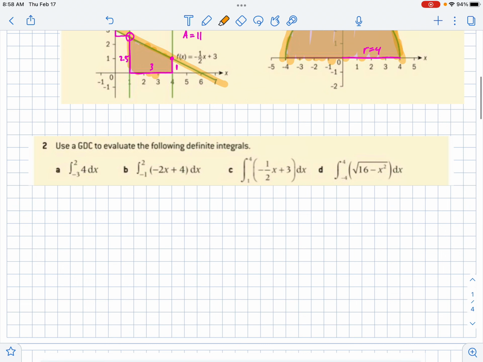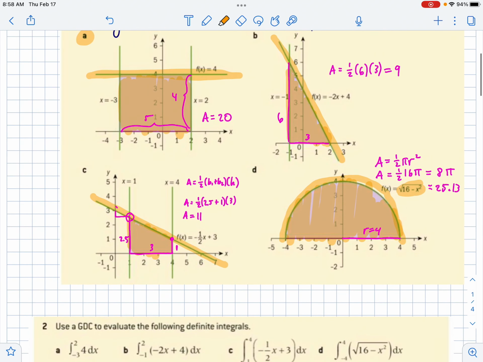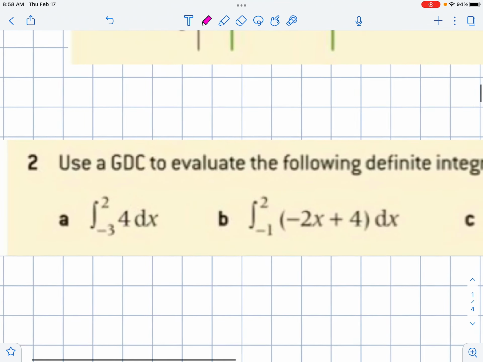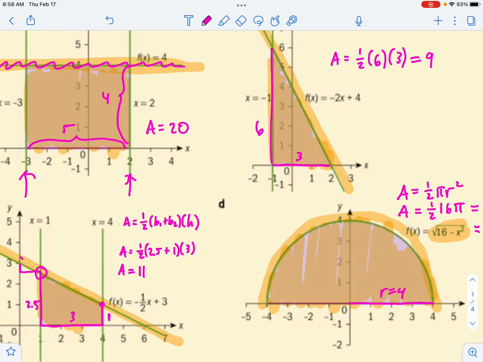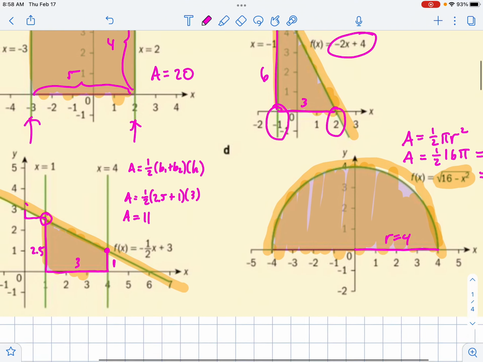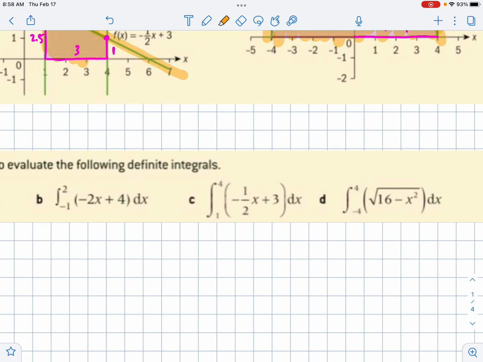Well, that's this part. Notice on this first problem the start and stop points: we start at negative 3 and go to 2, and it's underneath this line, which is 4. If we zoom in here, this goes from negative 3 to 2, and the function is 4. On the next one, if you look at the start and stop points on the x-axis, it starts at negative 1, stops at 2, and here's the function.